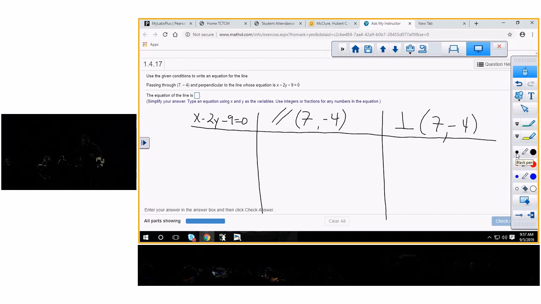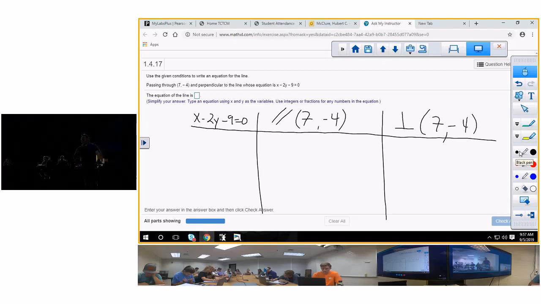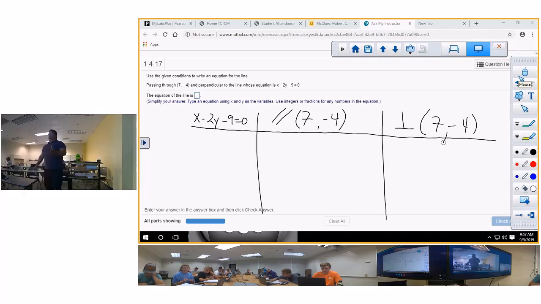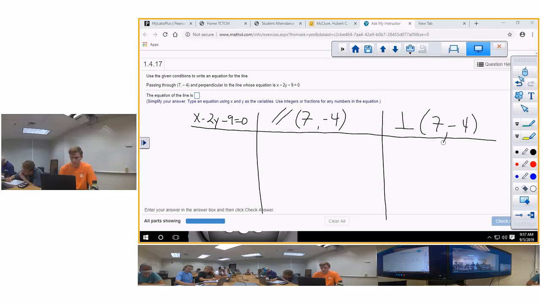Get quiet, y'all. I can't talk while y'all are talking. Okay? You always solve the point slope equation for y. So you solve the first one for y. Parallel is also that's your x, and this one's going to be the opposite reciprocal.